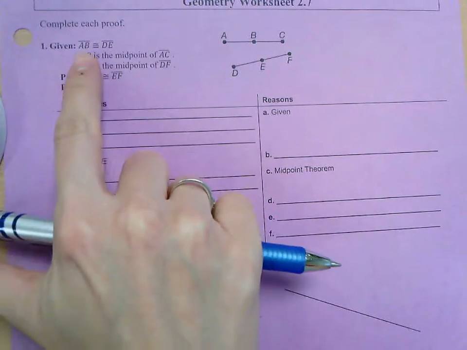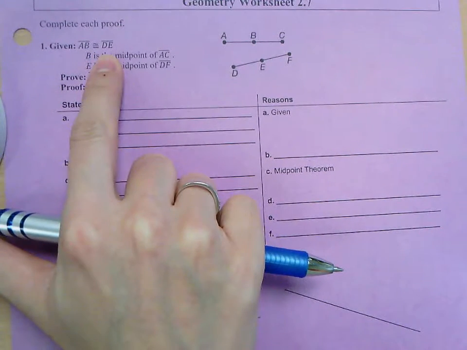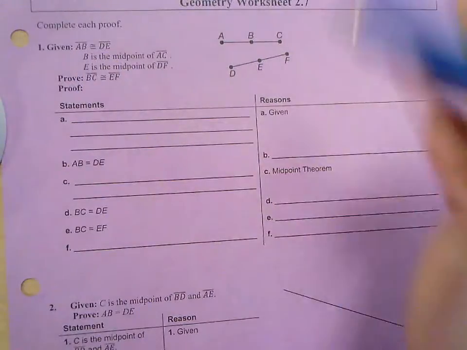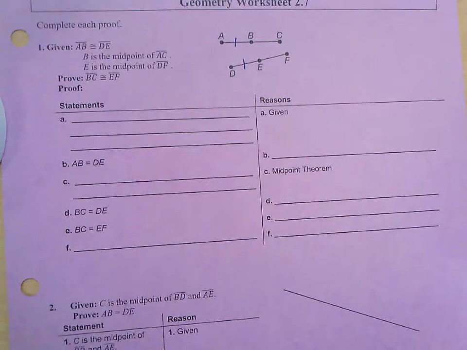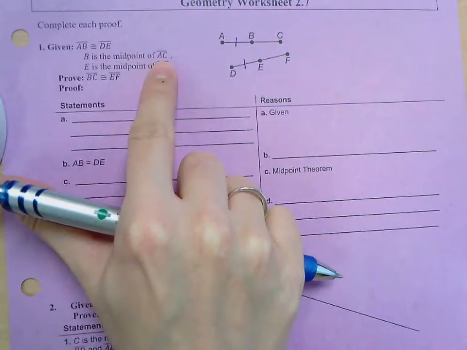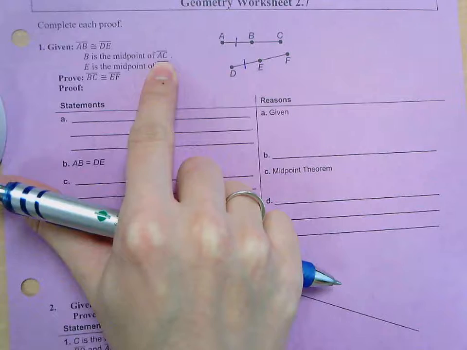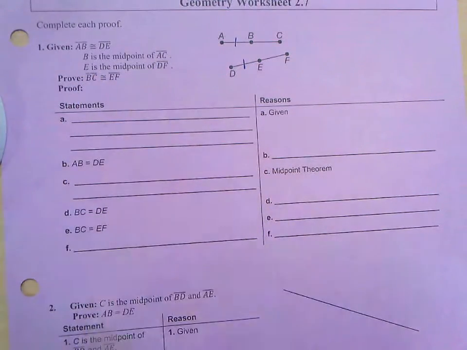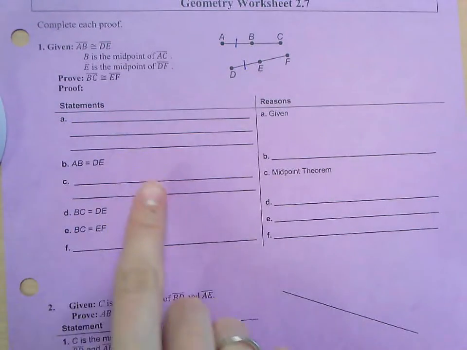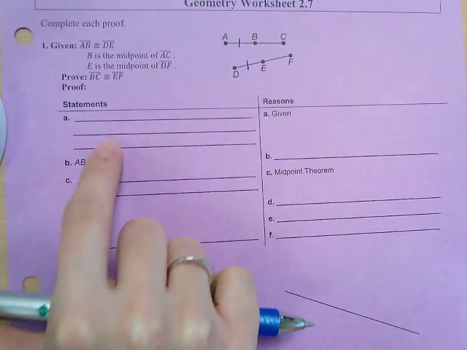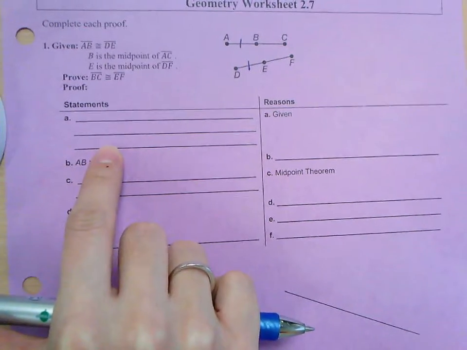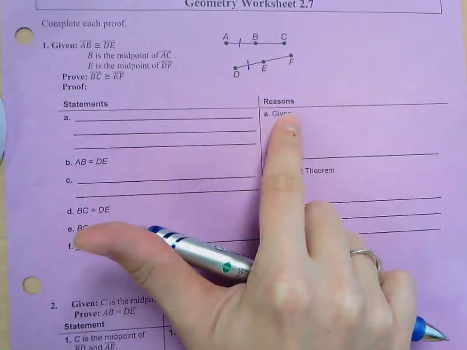We are given segment AB is congruent to segment DE. So I can mark that AB and DE are congruent. And then I know B is the midpoint of segment AC and E is the midpoint of segment DF. Okay, so if you look at how this proof is lined up, notice I gave 3 lines for statement A, and then I have the reason is given.